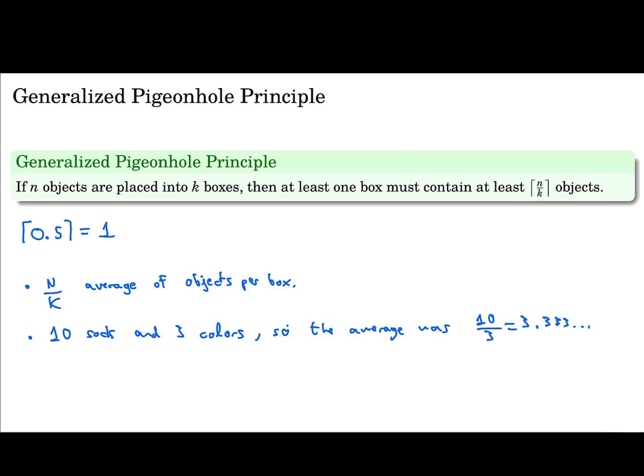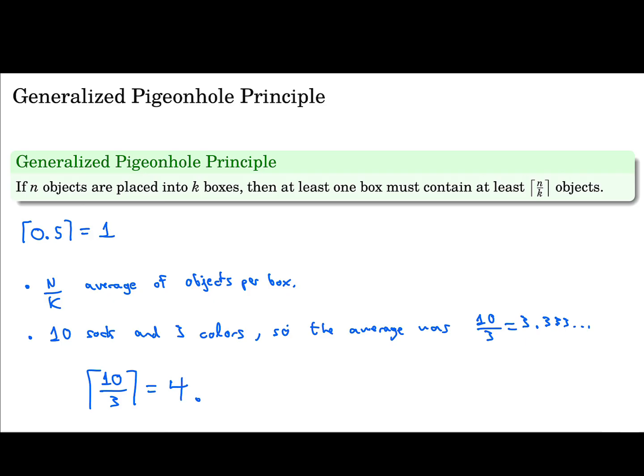Now, a color cannot appear 3.33333 times, which means that one of them has to be larger than this, which means that at least one color has to appear ceiling of 10 over 3 times, which is equal to 4.